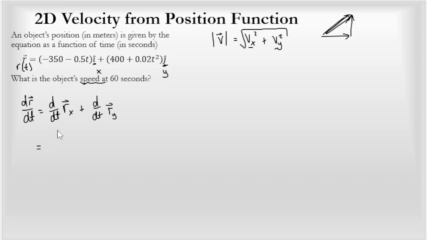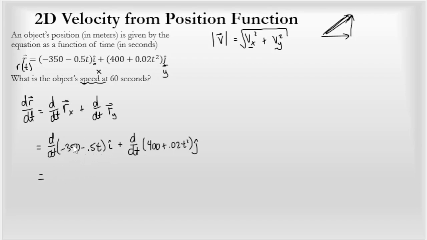So I'm going to have the time derivative of a linear function, 0.5t. That won't be too hard to do, and that'll be in the i hat direction. And then I'll do the time derivative of what's in the y direction, 0.02t squared, and I'll leave the j hat there.